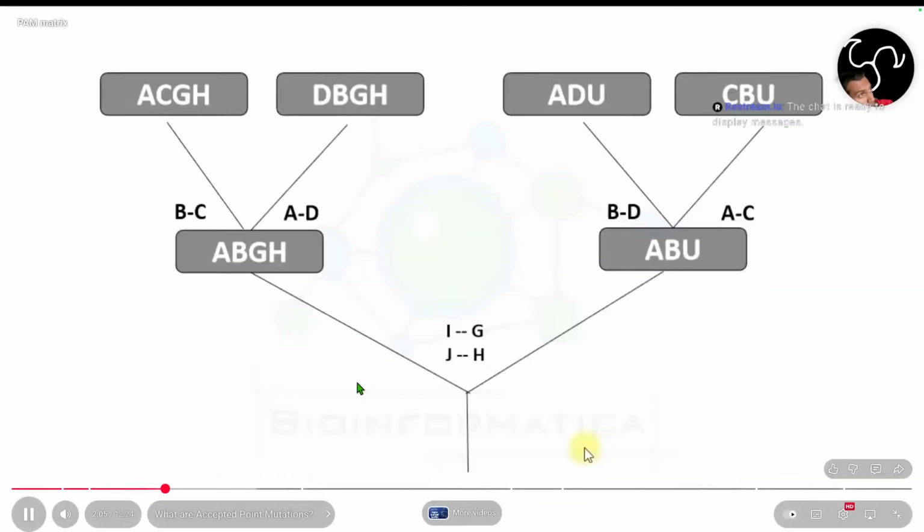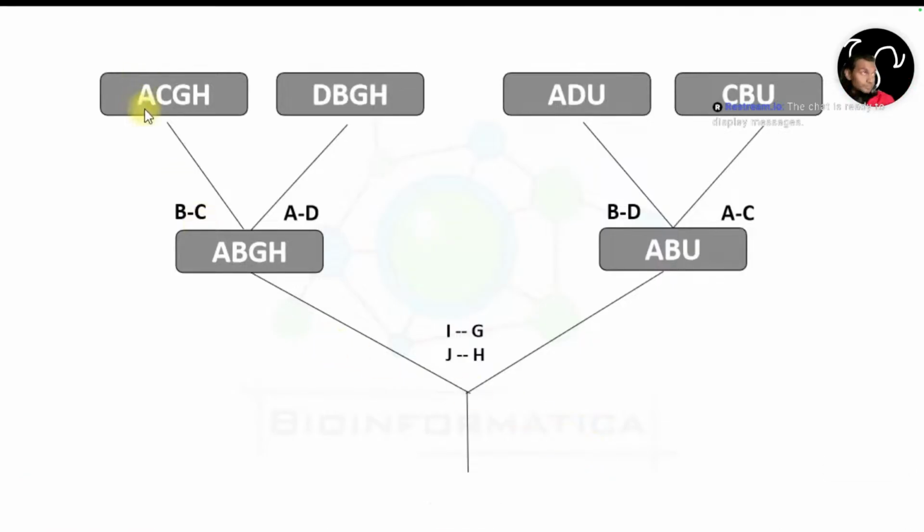If we see a simplified phylogenetic tree, here 4 observed proteins are shown at the top. This is the first one, second one, third, and this is the fourth protein. Inferred ancestors are shown at the nodes. And amino acid exchanges are indicated along the branches.